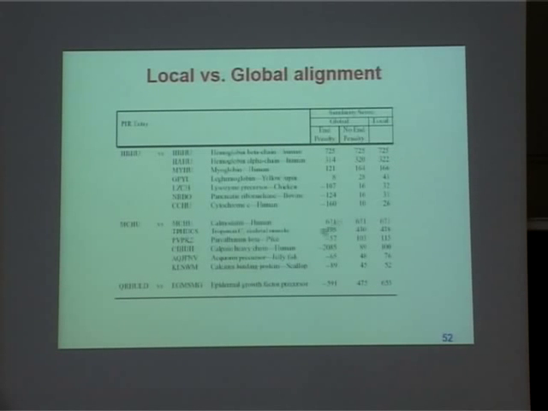However, if you look at the chicken lysozyme precursor, this is another protein found in chicken, and the global alignment gives us -107.